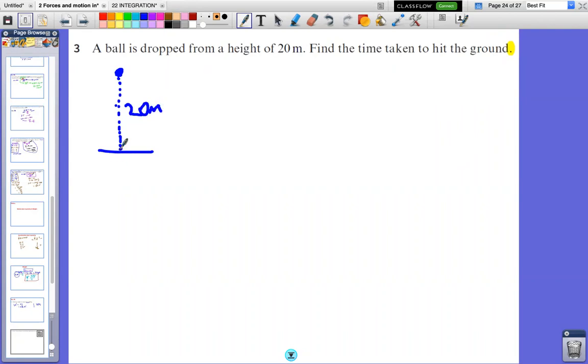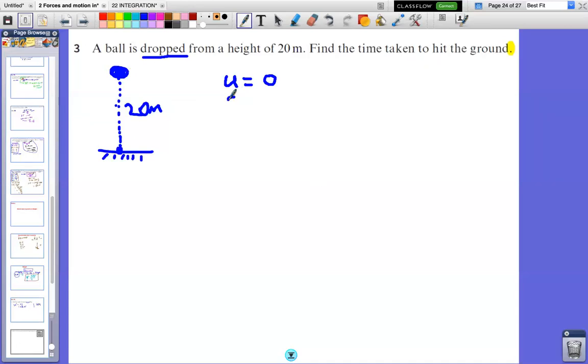You need to find the time it takes to reach the floor. Remember, the mass of the ball does not matter because the acceleration due to gravity is considered to be the same for all objects. So in this case, your U, the ball is dropped, so U should be 0. It is released, okay?